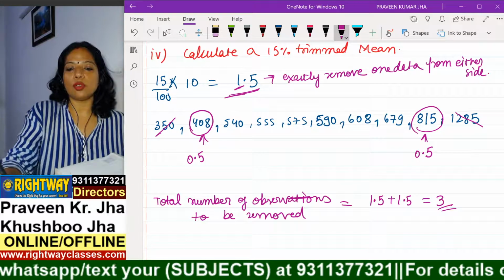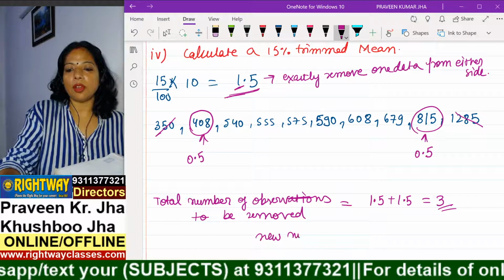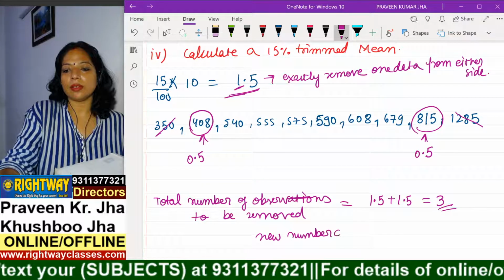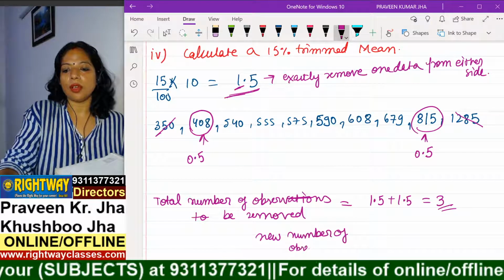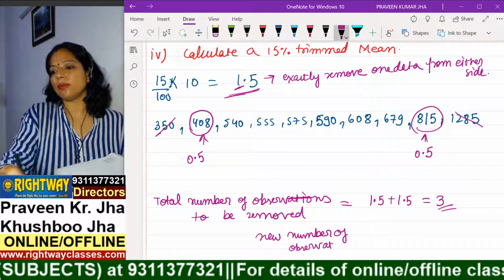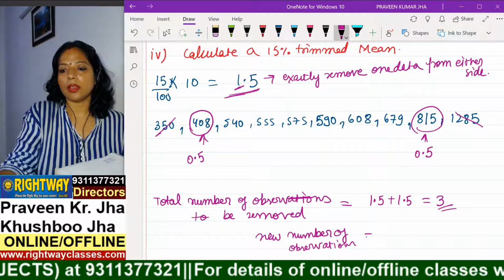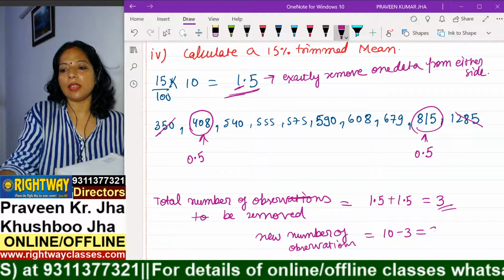So the new number of observations is 10 minus 3, which is 7.